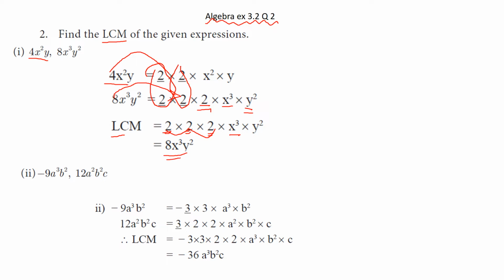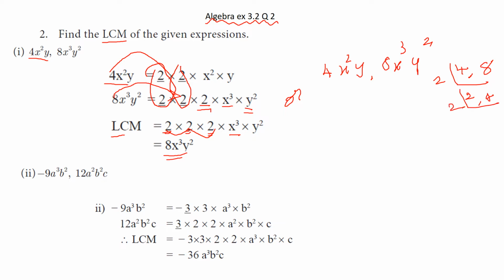Or you can write this method also. 4x squared y, 8x cube y squared. So first you find the LCM of the numerical coefficients, that is 4, 8. 2 2s are 4, 4 2s are 8, and 2, 1 2 is 2, 2 2s are 4.